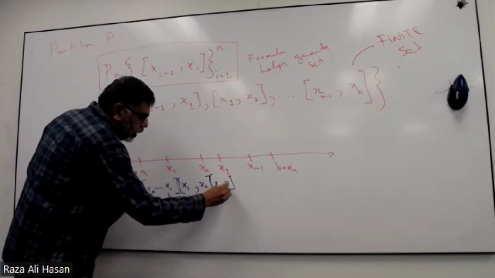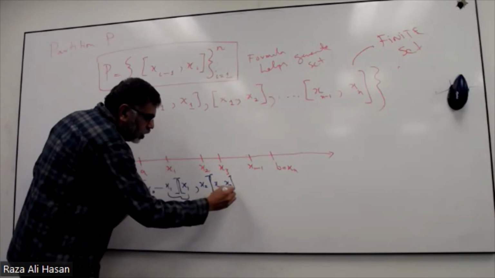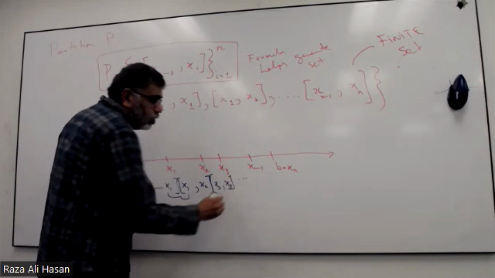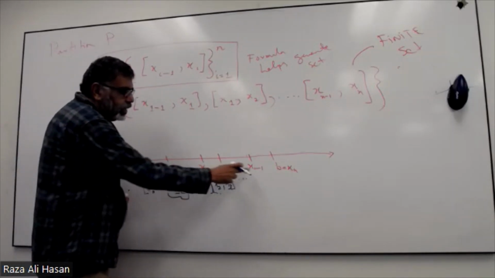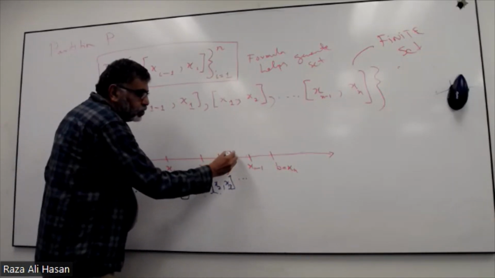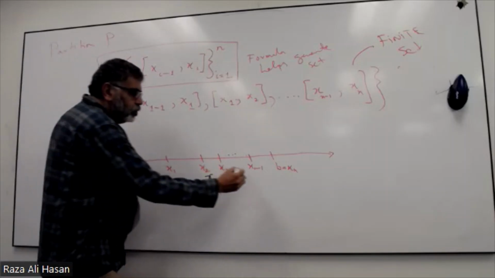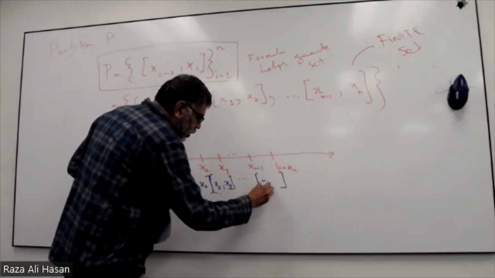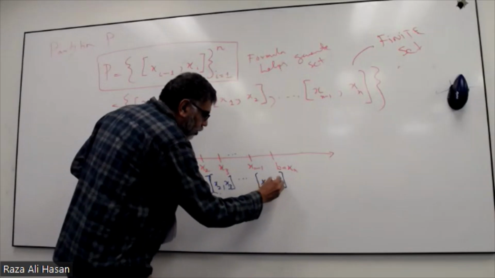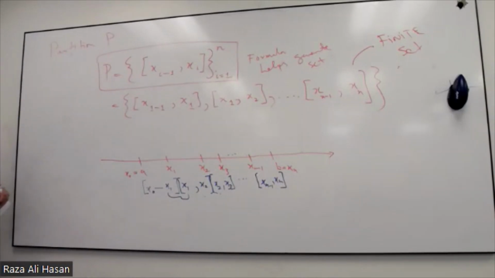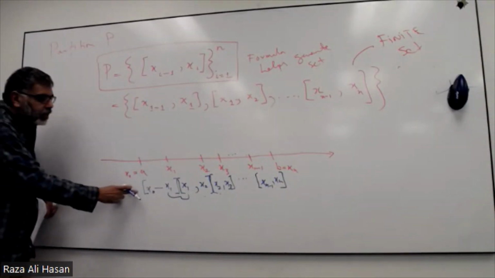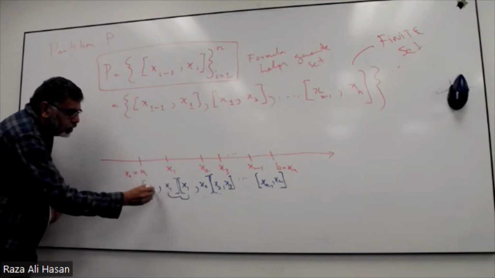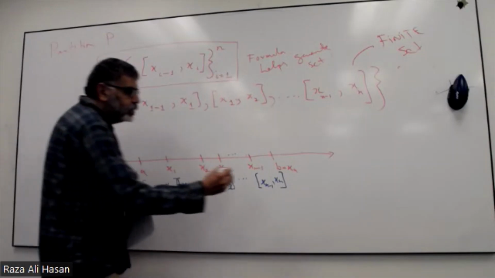And these two guys are the same. Dot, dot, dot, between x3 and n minus 1, there are a bunch of these. And so we put one right here. Oh, this is wrong. These are just the subintervals.